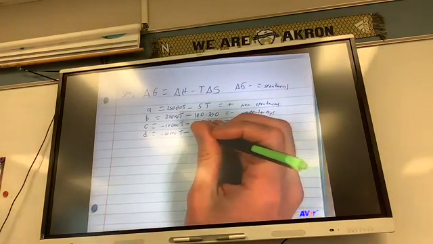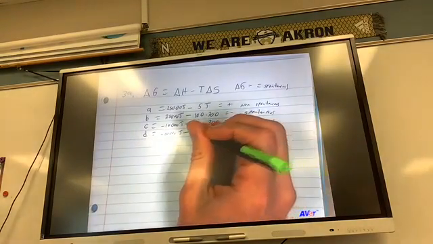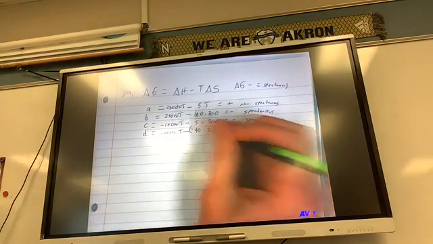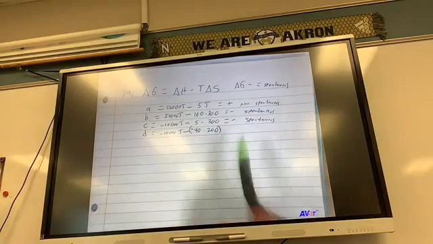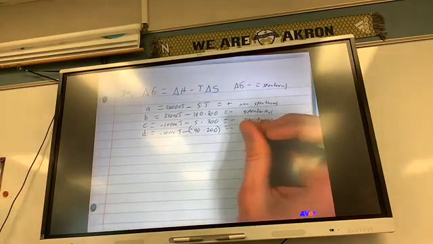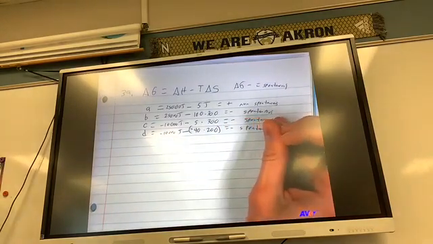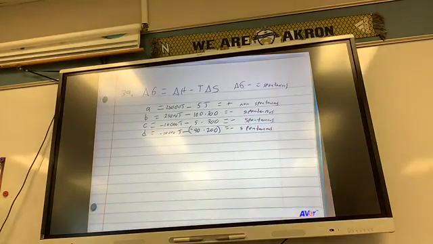Oh, sorry. This should be a negative 40, right? Still, 10,000 plus 8,000 is still negative, which means it is spontaneous. So that's what we were doing on 39.